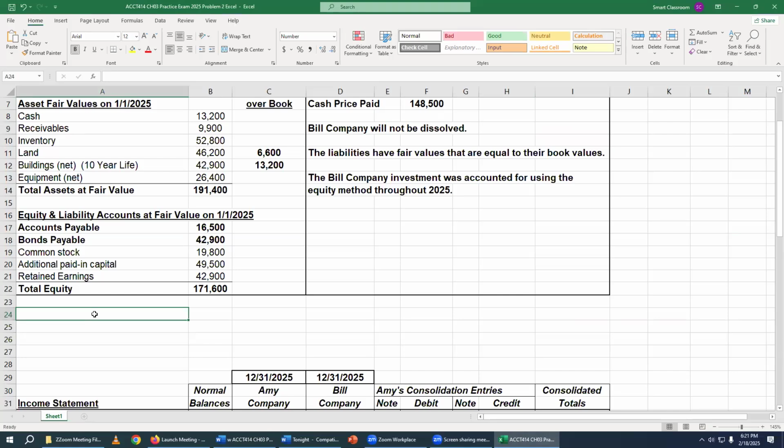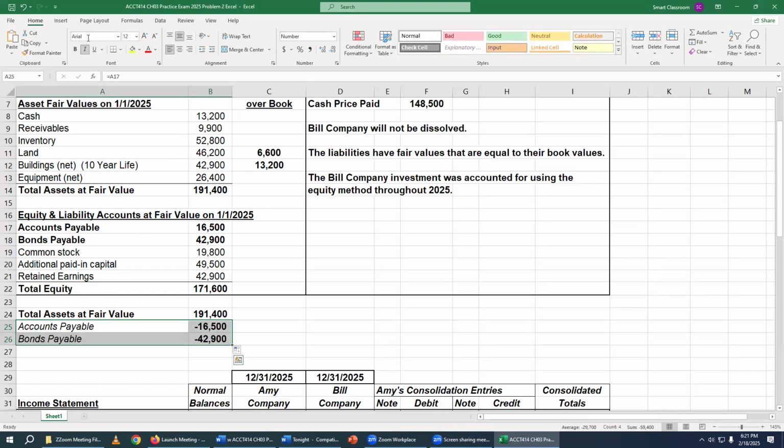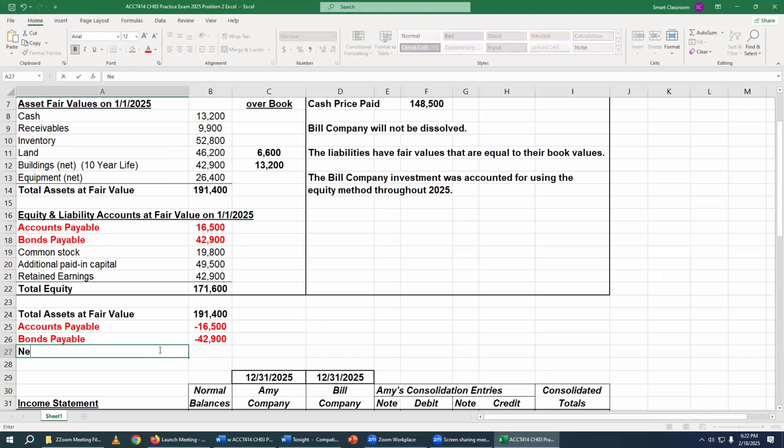We got to figure out the net assets at fair value. All right, so we're going to take the assets at fair value minus the liabilities at fair value. And this will get our net identifiable assets at fair value.